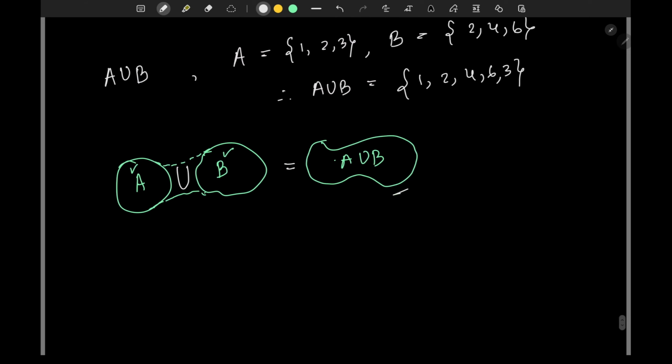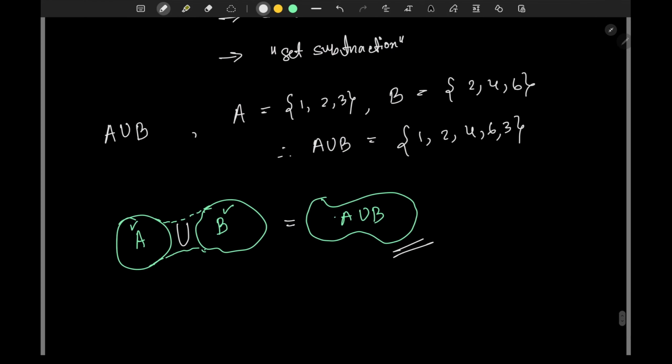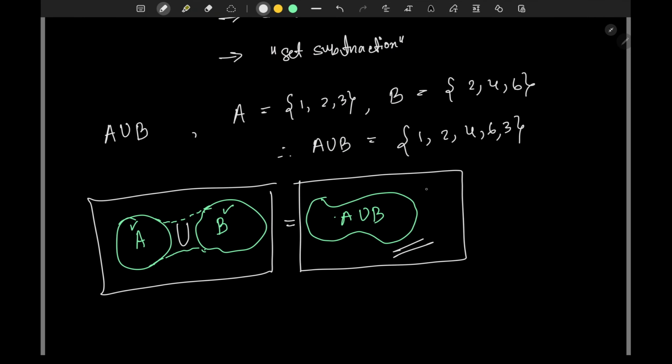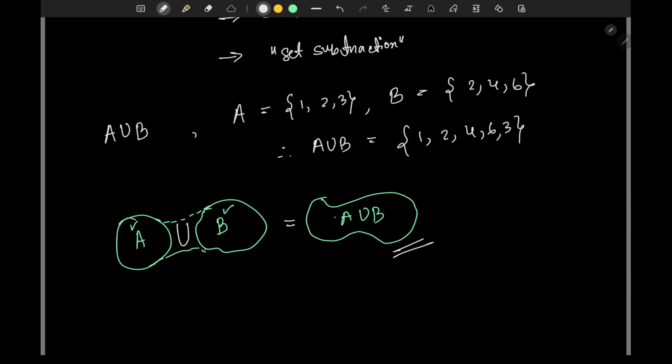So this is all about union. This is how you can represent a union using Venn diagram. And obviously, if you want, you can always put a universal set over here. Doesn't really matter, to be honest. As long as you understand what you're doing, really doesn't matter.